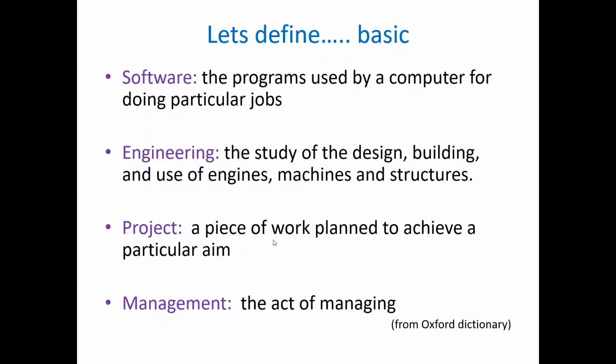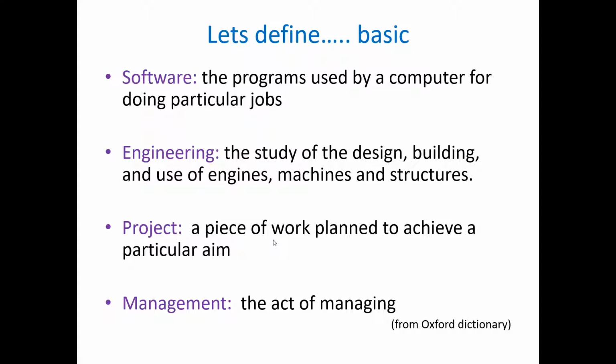In our case, a software engineer is the one who is going to develop programs by using various methodologies in engineering. That is, he's going to design the program and build the program using computers for performing specific jobs. Now what is a project?